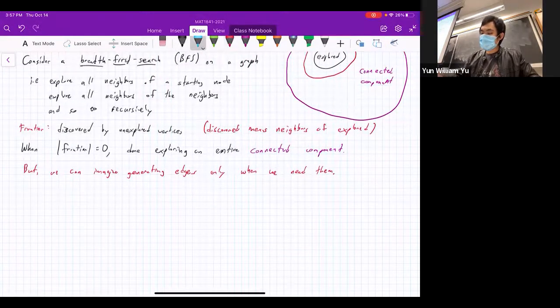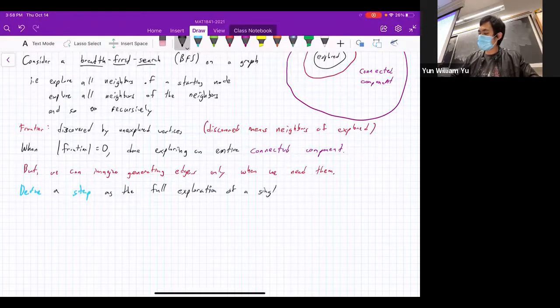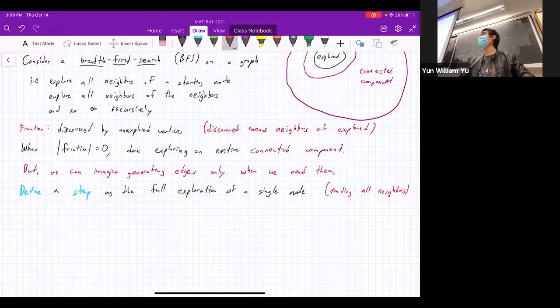Now what we're going to do is define a step as the full exploration of a single node, so finding all its neighbors, but not walking to them.